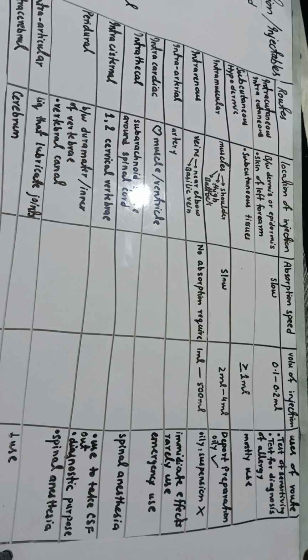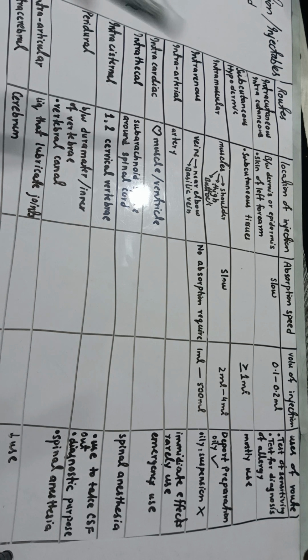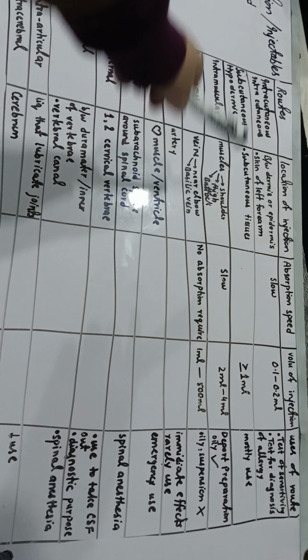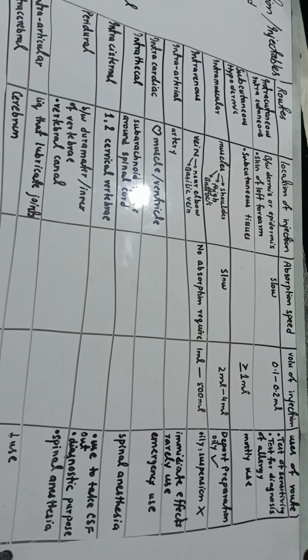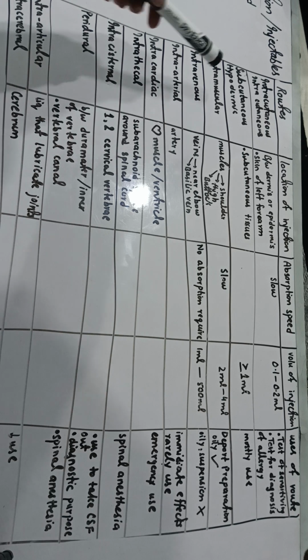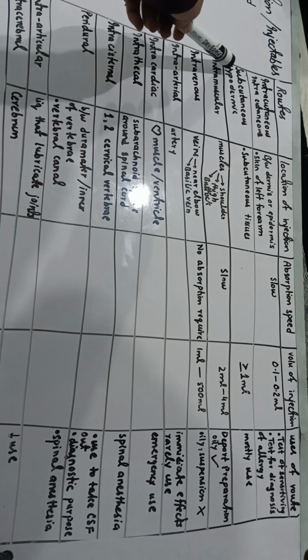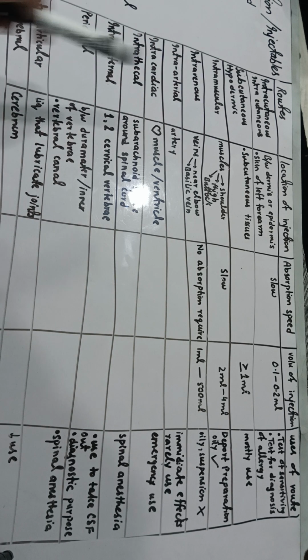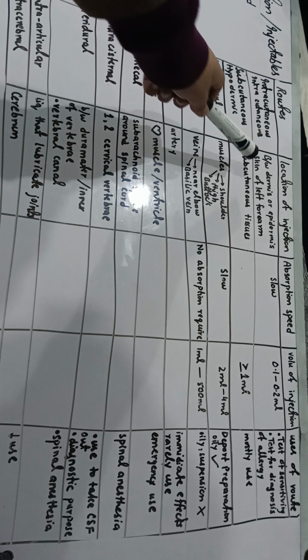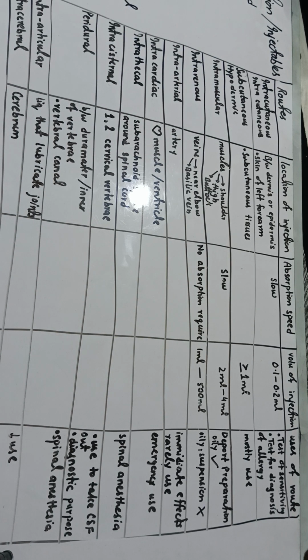So these particles are injected in between the dermis and epidermis in the left forearm, and are called intracutaneous or intradermal injections. Then the second route is subcutaneous or hypodermic. Subcutaneous means it is injected into the subcutaneous tissues of your body.